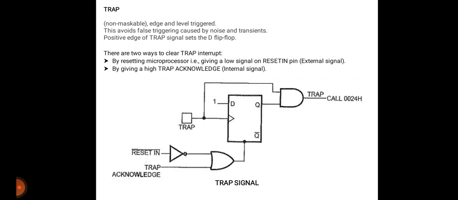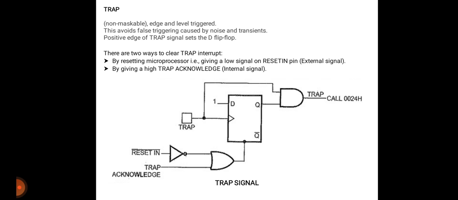As you can see in the figure, the positive edge of the TRAP signal sets the D flip-flop. However, due to the AND gate present here, it is necessary to sustain a high level on the TRAP input. Now there are two ways to clear the TRAP input.